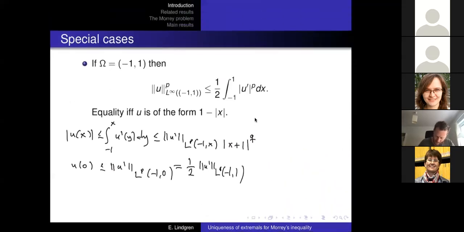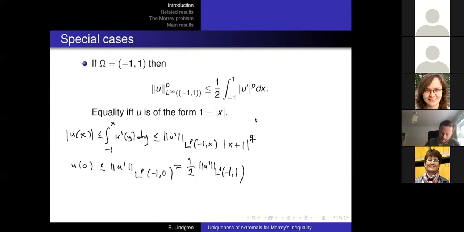So at least for symmetric functions that attain the maximum at 0, you will have this inequality. And then you can say, okay, what happens if you have equality here? Well, we'll use Hölder's inequality for the integral. So basically, if we have equality, then the derivative must be constant. u prime must be constant.